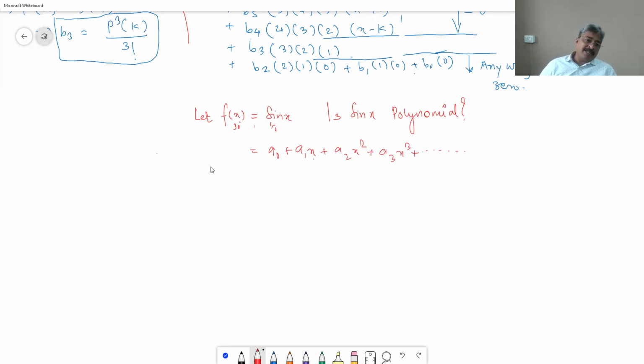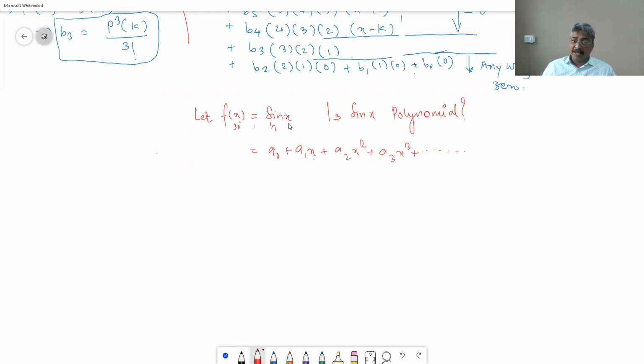Do you understand the application? It is path breaking. It is extremely important. If I force a function which is not a polynomial to behave like a polynomial, I am done with big trouble. Otherwise, for sin x, every time I have to think, terminal ray, look at the y-axis, that is the value.